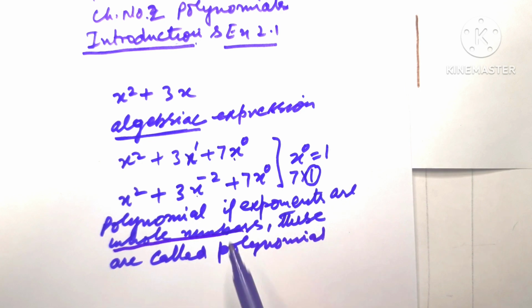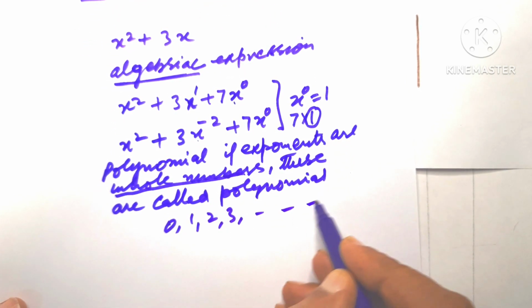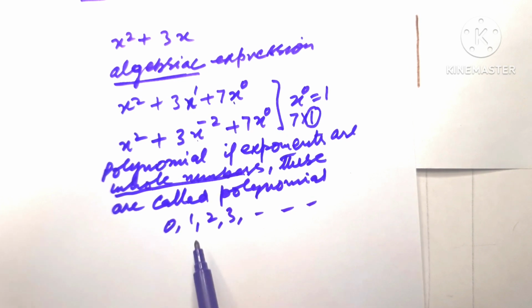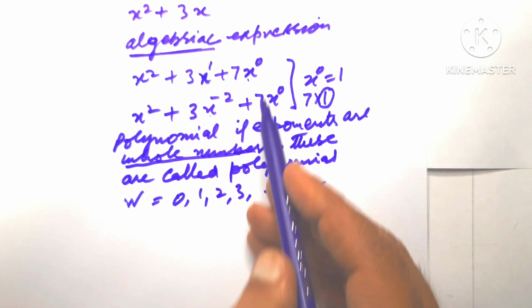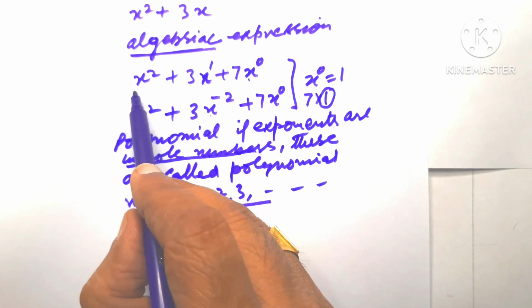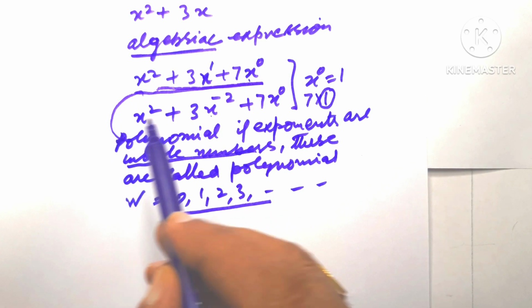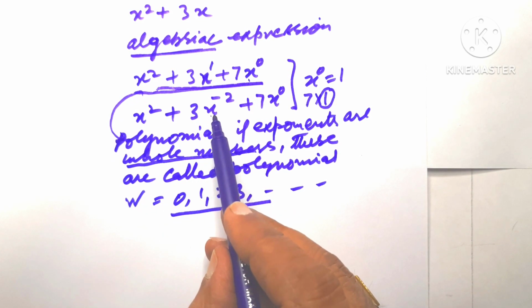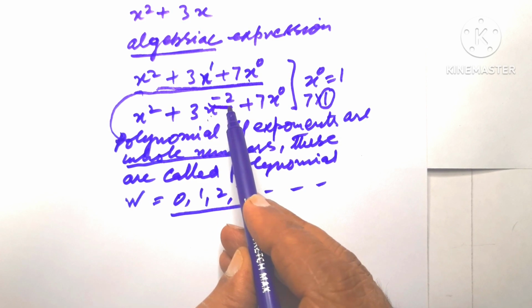What are whole numbers? Whole numbers mean 0, 1, 2, 3, or any number like this. Positive numbers and 0. These are called whole numbers. If the exponents of the variable are from these numbers, then we call this a polynomial. Now in this case, the exponent of the variable is minus 2.